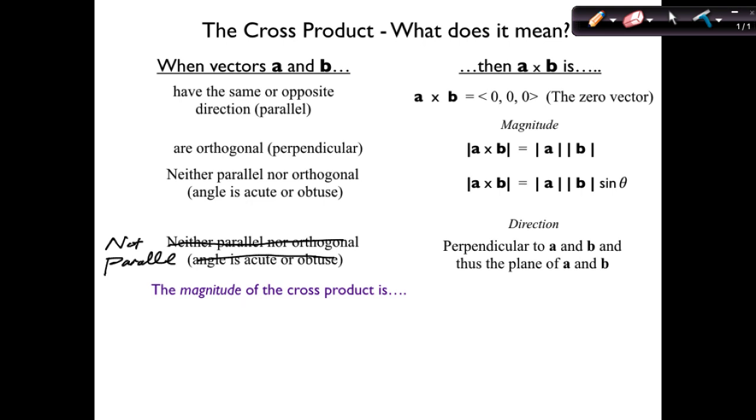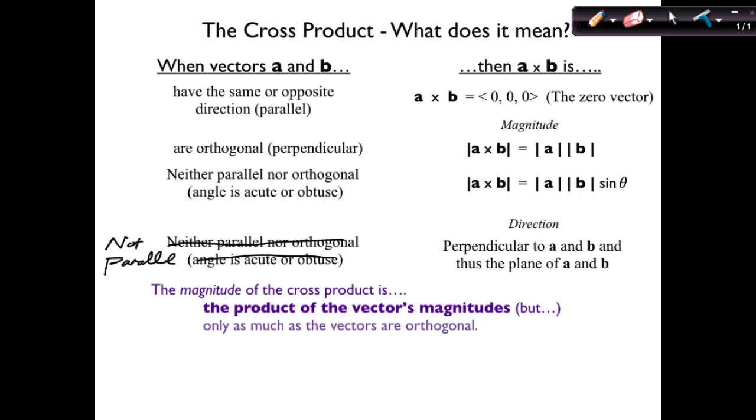Exactly, just like dot product. The magnitude of the cross product is the product of the vector magnitudes, but only as much as the vectors are orthogonal. Dot product was only as much as they were in the same direction. So cross product is only as much as they are orthogonal.